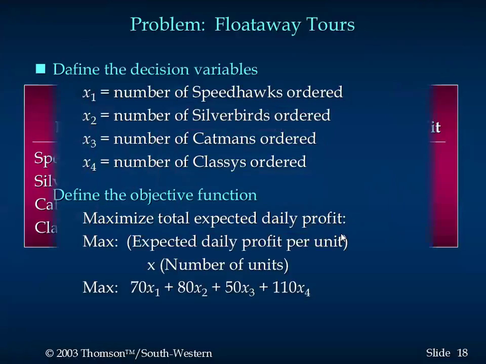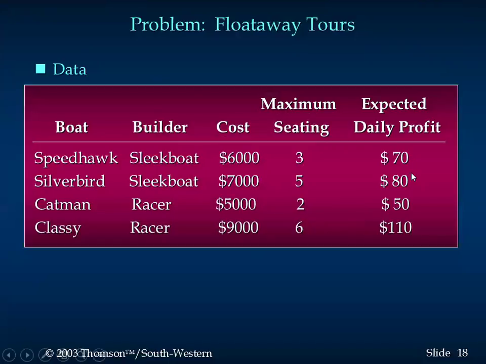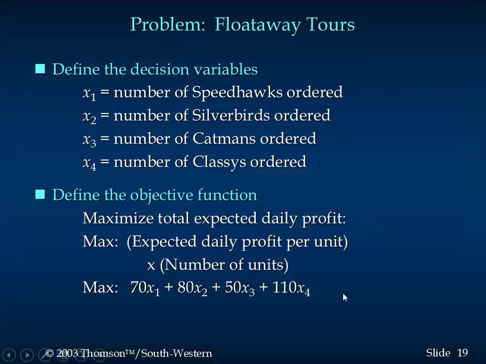Of course, we want to maximize, so we need to determine how many of the boats to order from each of them to maximize our total profit. So X1 is number of Speedhawks to be ordered, X2 is Silverbirds, X3 Catmans, X4 Classies, and expected profit is 70 X1 plus 80 X2 plus 50 X3 plus 110 X4.